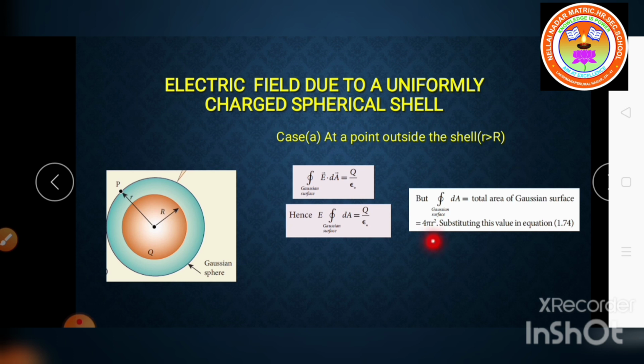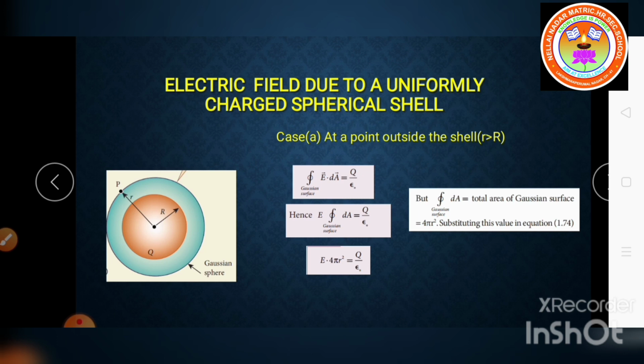The total area of the Gaussian surface is equal to 4 pi r square. So in the place of the closed integral of dA, we can substitute 4 pi r square. So we get the formula E into 4 pi r square is equal to Q by epsilon naught.